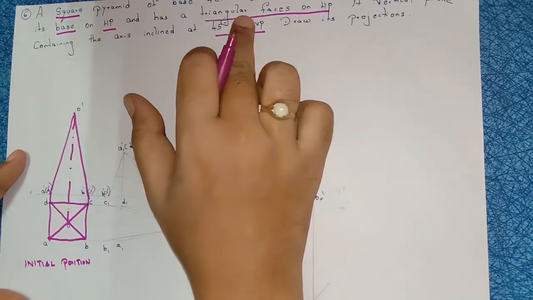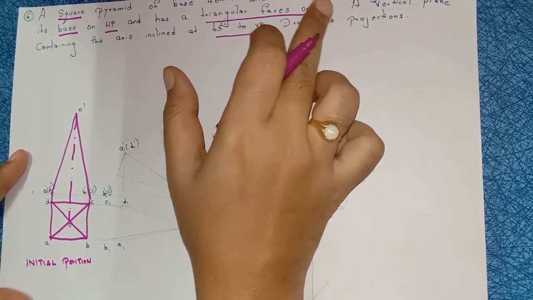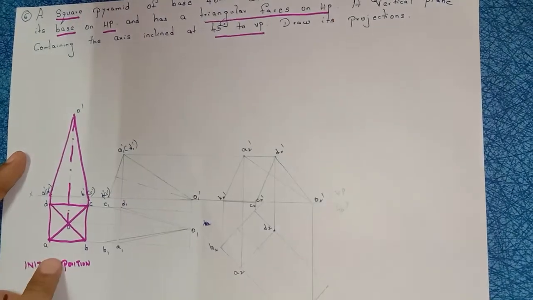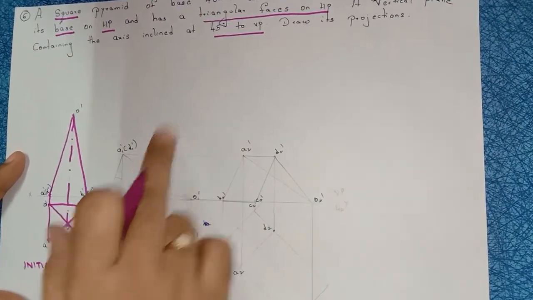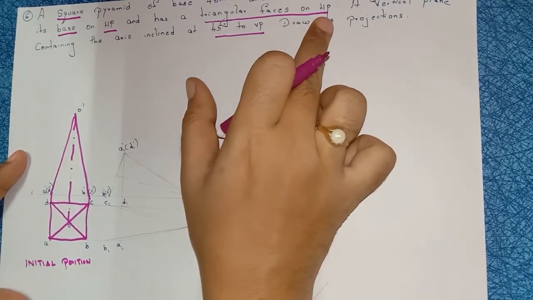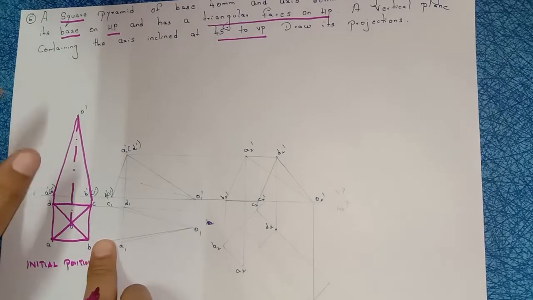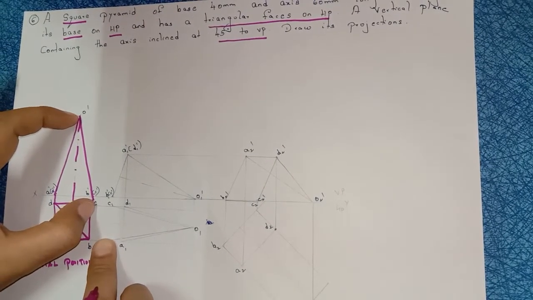After this, what we have to do? What's the next condition? Triangular faces on HP. On HP, on VP means we have to construct the line on the reference line. Right? So 1, 2, where we have to draw 3 here. What is the condition? Triangular faces on HP. So what are triangular faces here? O dash to B dash of C dash is one triangular face.